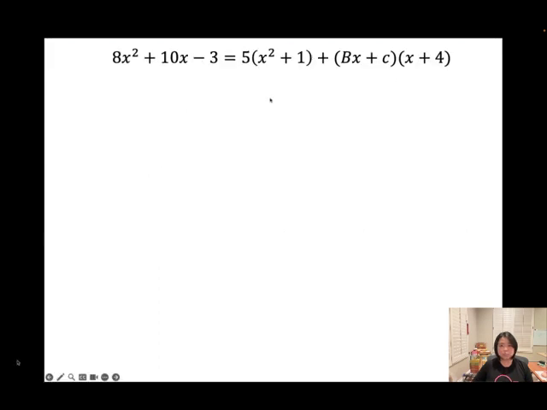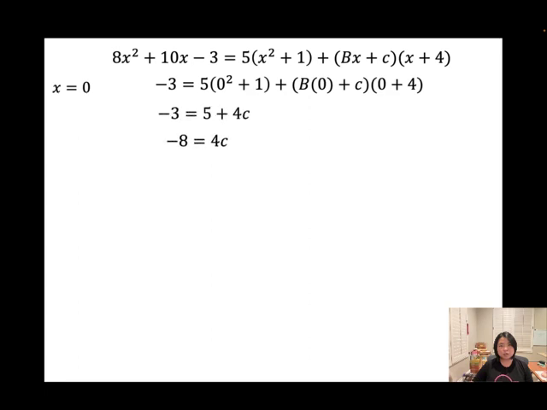And then we plug in A equal to 5. One more. This time we're gonna let x equal to 0. Okay, x equal to 0, I could get rid of this guy. So plug in x equal to 0. You're gonna find out C equal to -2.